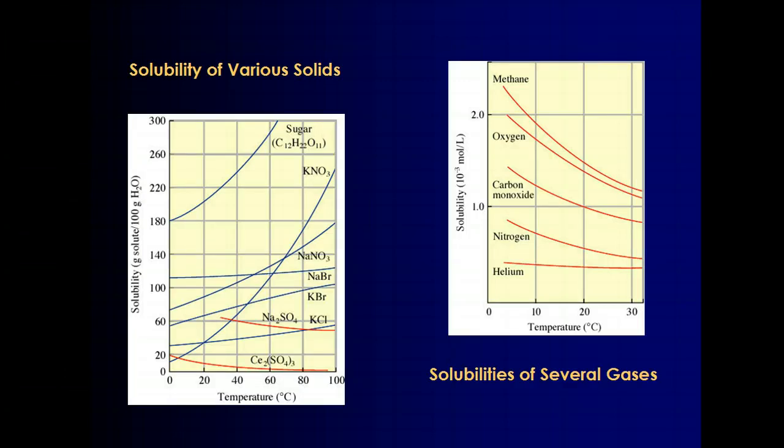Cerium sulfate is going to be a solid that's primarily insoluble, if you think back to the Ksp values that we talked about previously. But for the most part, we're seeing pretty solid increases as we increase the temperature with the amount of solid that can dissolve, and the solubility tells you when you are at equilibrium. With the gases, however, we see that things are decreasing as the temperature increases.